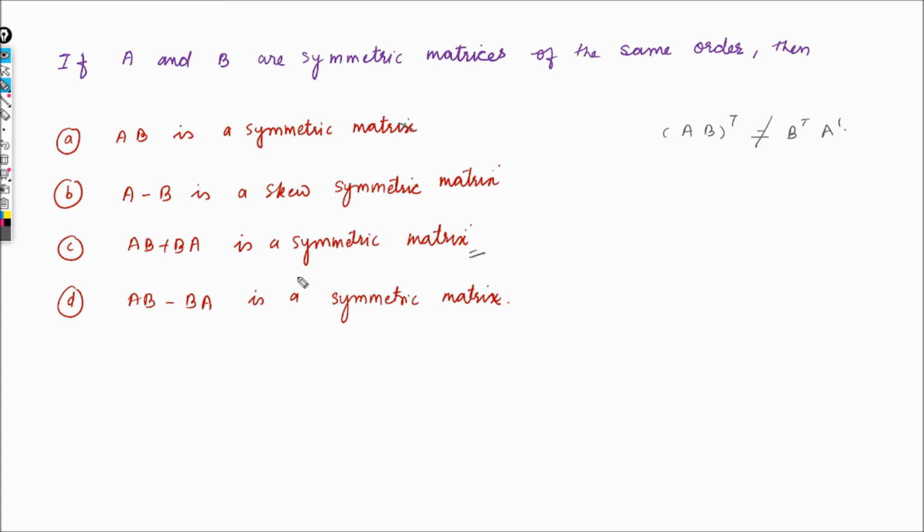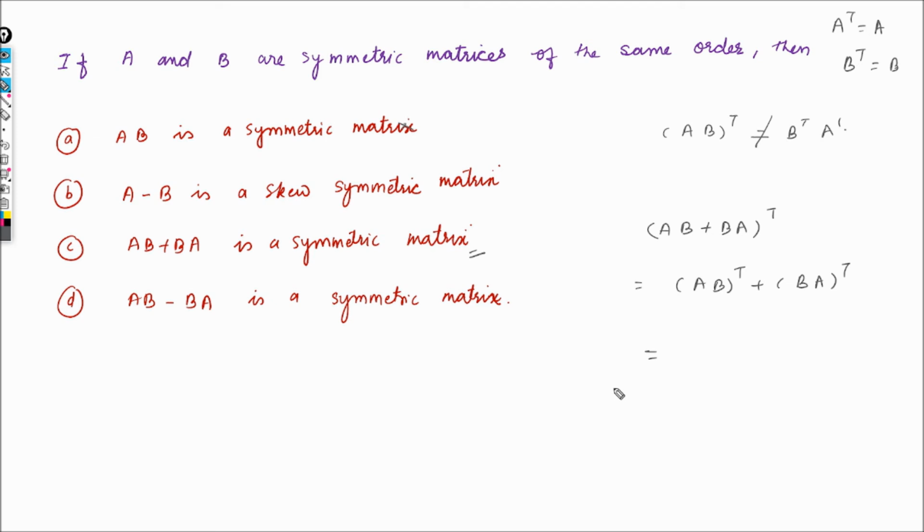If we take this now, AB plus BA, we take its transpose. A and B are symmetric matrices, meaning transpose of A is equal to A, transpose of B is equal to B. It can be written as transpose of AB plus transpose of BA.